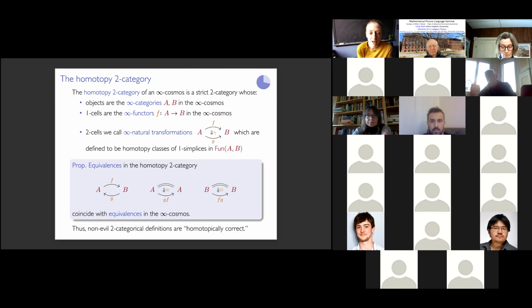The upshot is that at the level of the infinity cosmos, we have all of these strictly defined limit constructions that satisfy simplicially enriched universal properties. Because of accessibility, we have analogous colimit constructions that satisfy simplicially enriched universal properties, but only weakly, so up to equivalence as opposed to up to isomorphism.